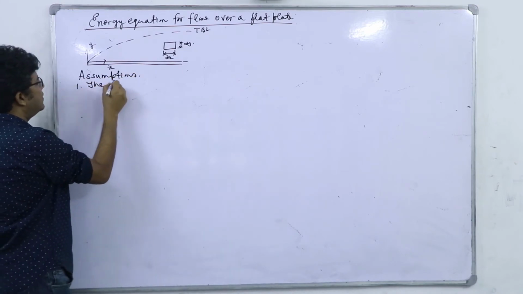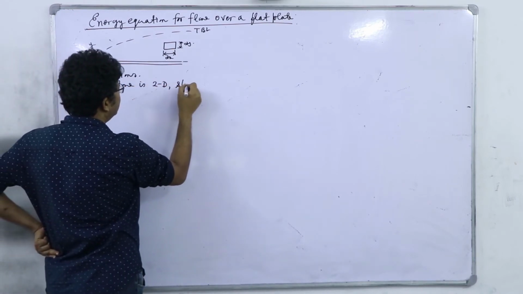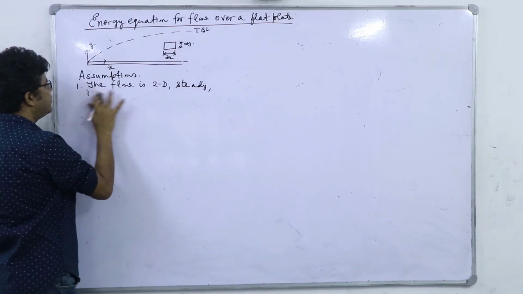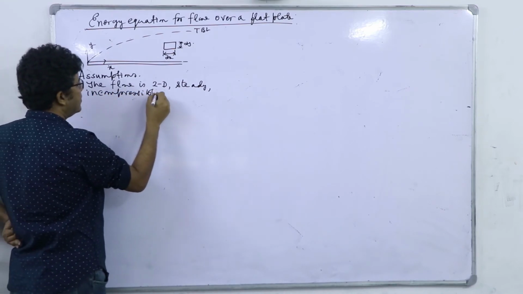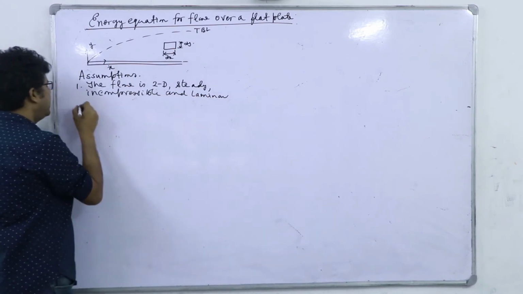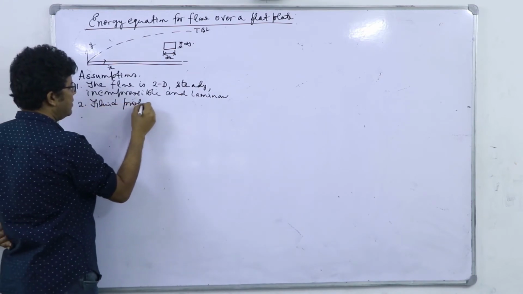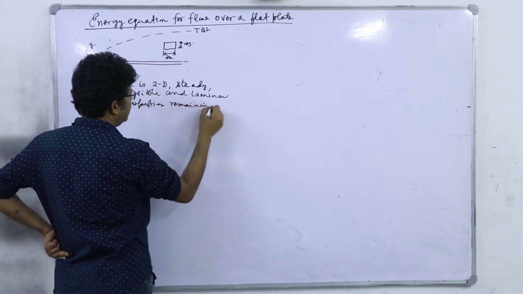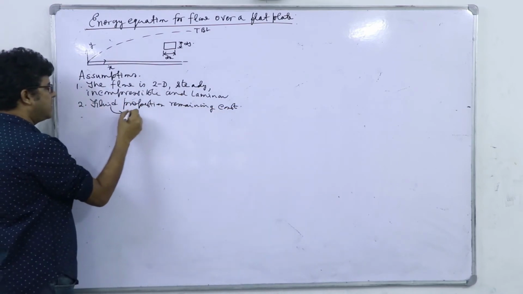The flow is 2D, steady, incompressible, and laminar, right. Second, the fluid properties remaining constant. What are the fluid properties?